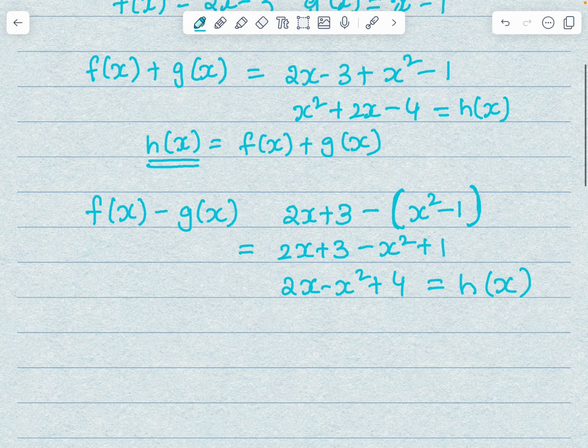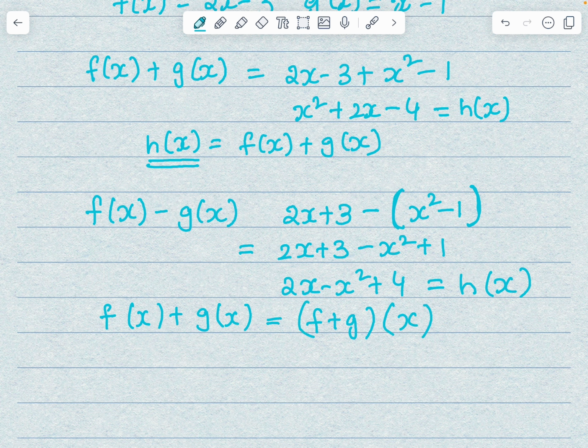If I were to generalize this, what I would say is f of x plus g of x is like saying f plus g of x.